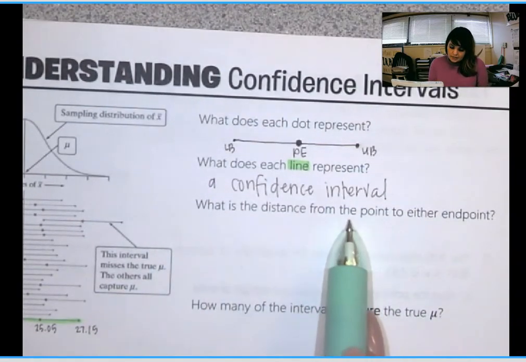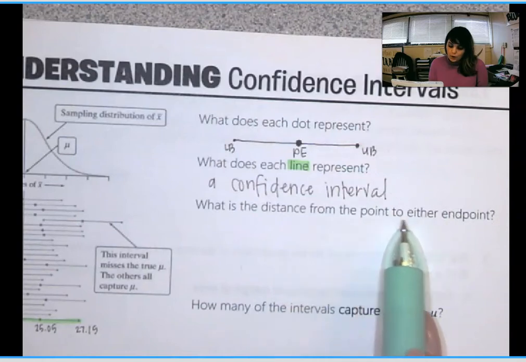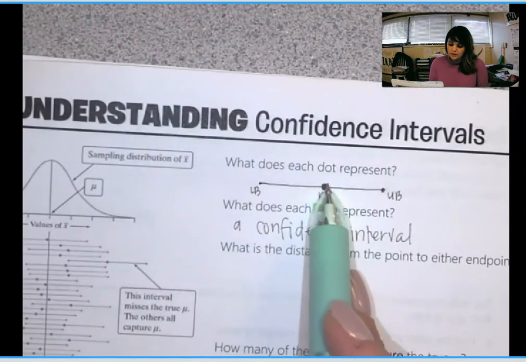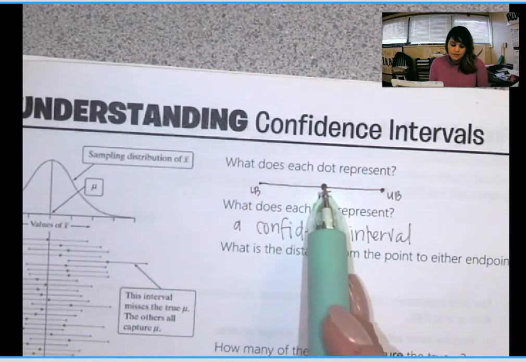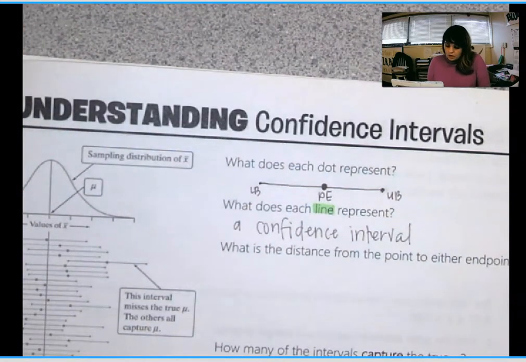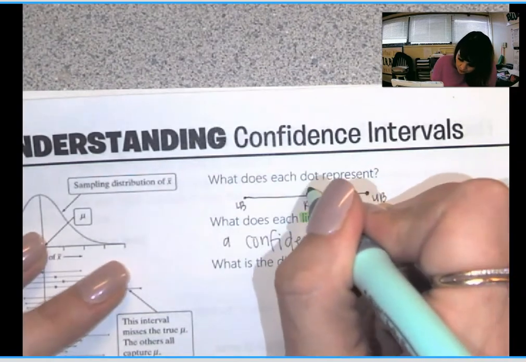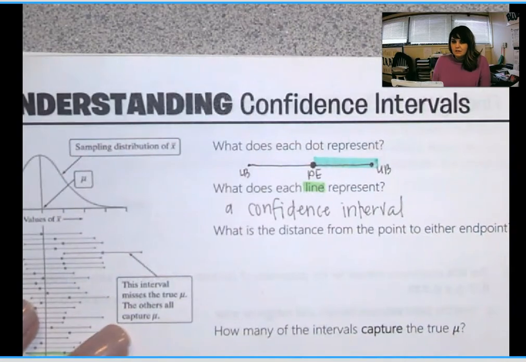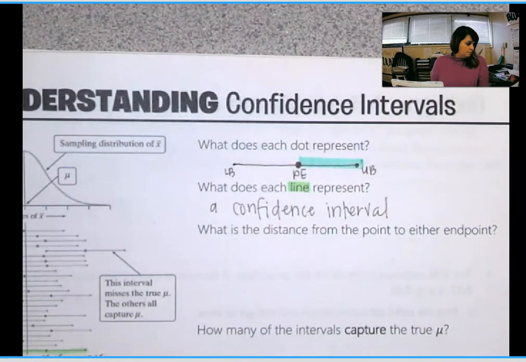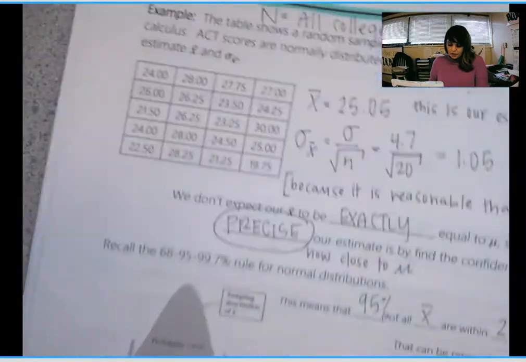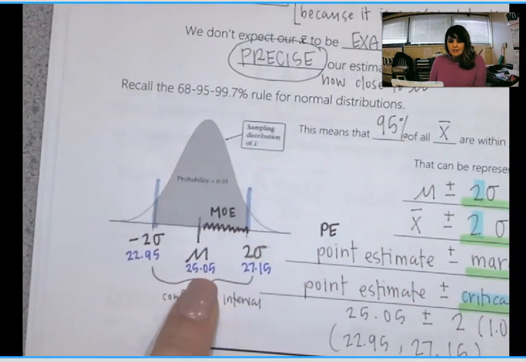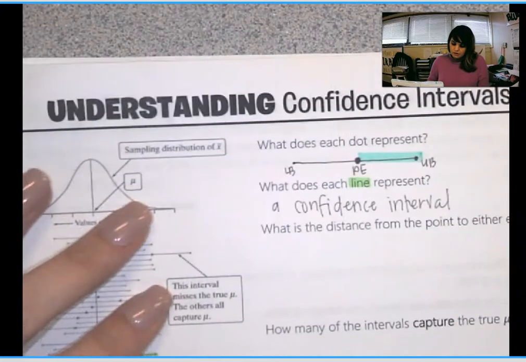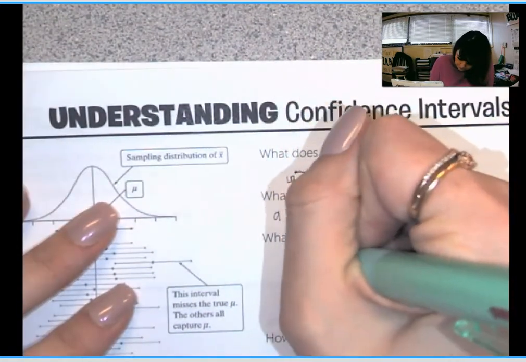What is the distance from the point to either endpoint? They are referring to the point in the middle. What is that distance? We talked about this on the previous page. We know that distance is the margin of error.